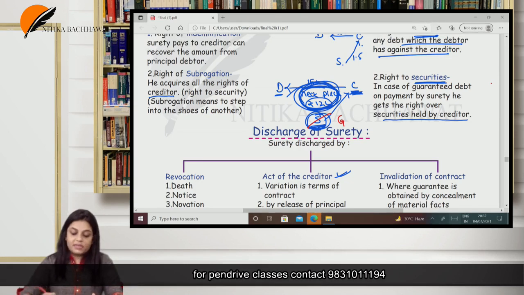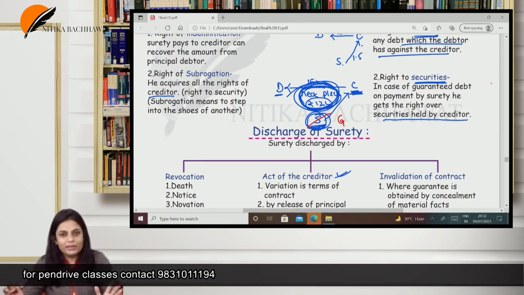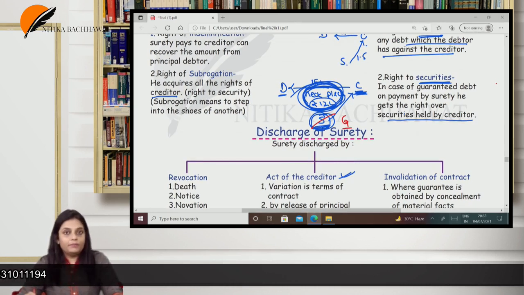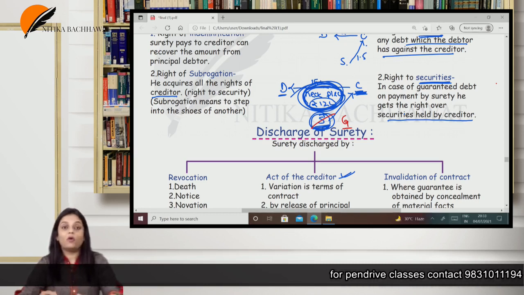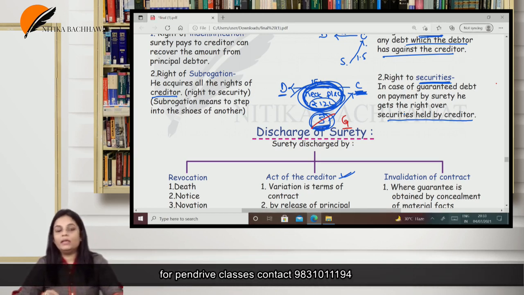Later he says that due to some reason, I will not be able to pay the debt. So instead of me, now G will pay the money. So can we say the old contract of D, C and S has been cancelled and a new contract, obviously if D and C agree, is made between D, C and G.